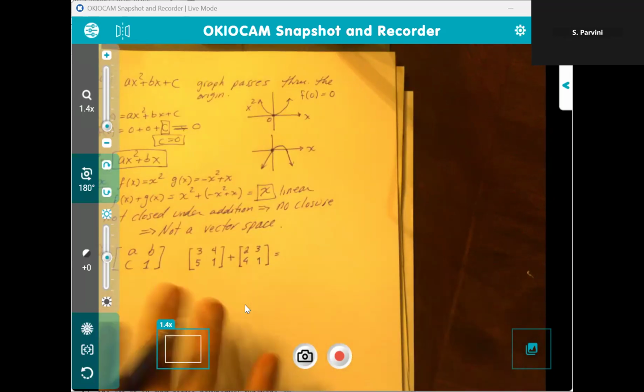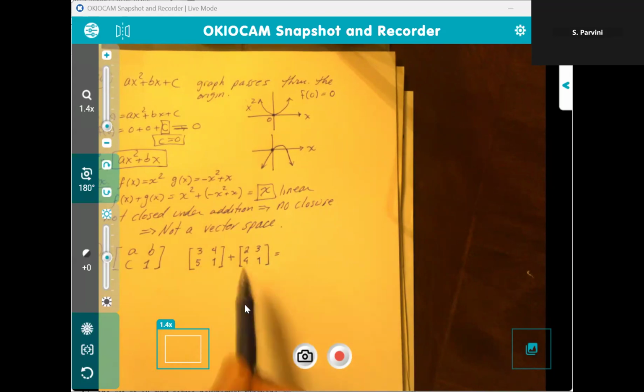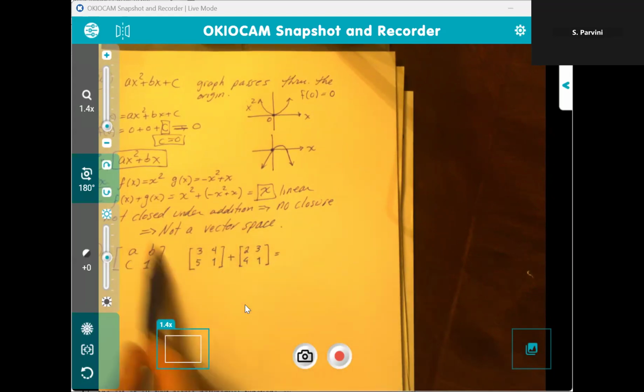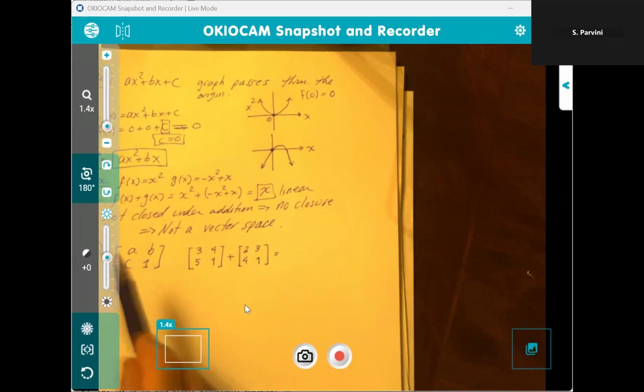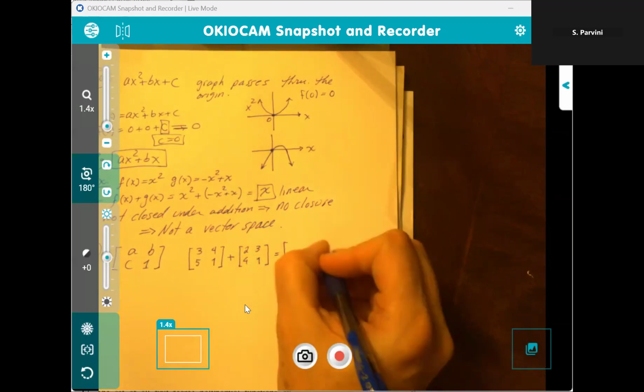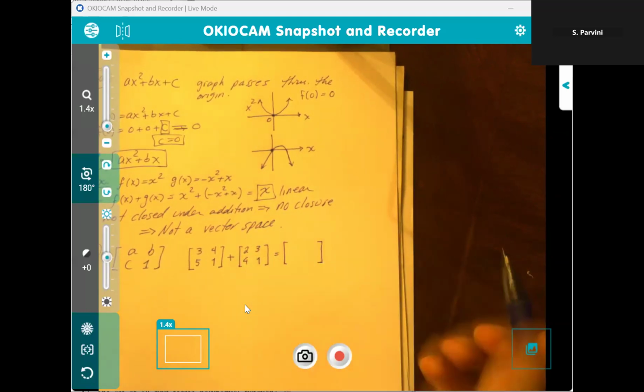Now, at this point, we're doing addition of 2 matrices, right? This is the form of the matrix. The form of the matrix does not dictate the addition of the matrix. The addition rule of matrices, we know that from the previous chapter, right?